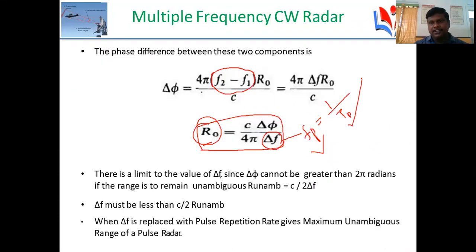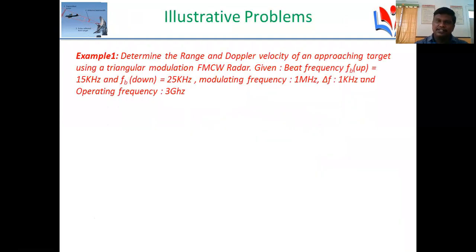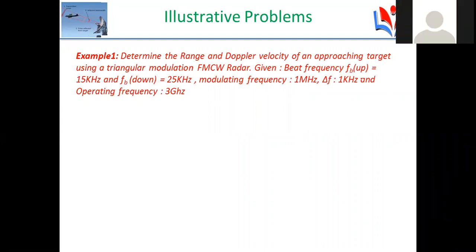And we'll have some illustrative problems in the second unit. Determine the range and the Doppler velocity of an approaching target using triangular modulation FMCW radar. Here, the given beat up frequency is 15 kilohertz, and the beat down frequency is 25 kilohertz.